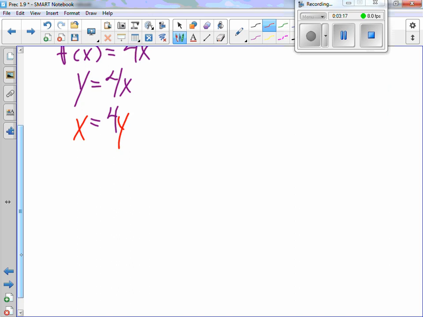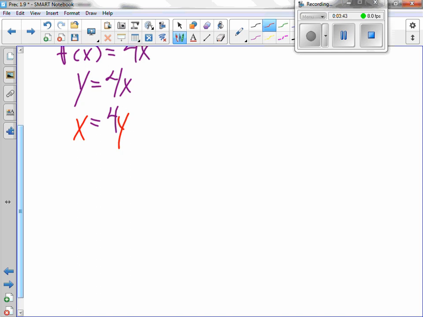Now the numbers and signs that they had with x or with y do not change. We're literally just switching the values of x and y. Because our function took a value from x and put it to the y value, yes? The inverse is taking a value from y and moving it to the x. What did we do? We switched the x and y, yes? That's essentially what we're doing here.